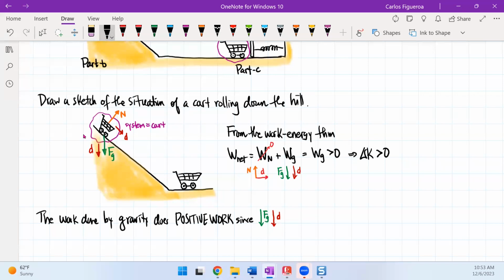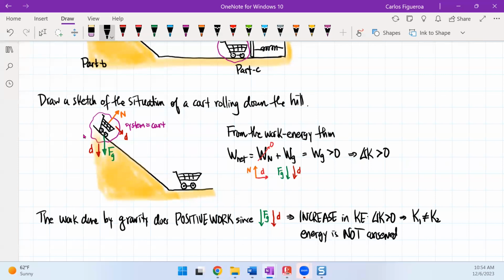Therefore, this tells me that I'm going to have an increase in kinetic energy, which means this is positive, which then implies that K1 is not the same as K2. So energy is not conserved, because I have external forces working on the cart.